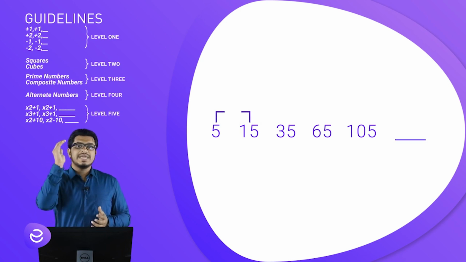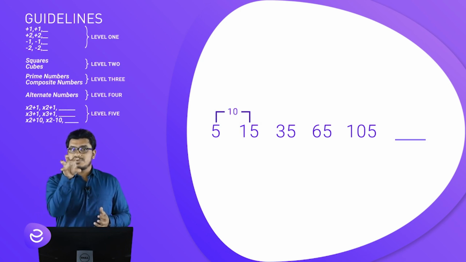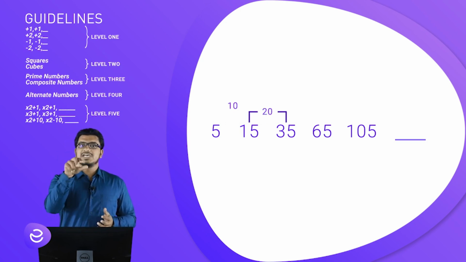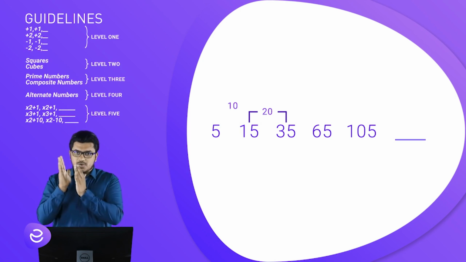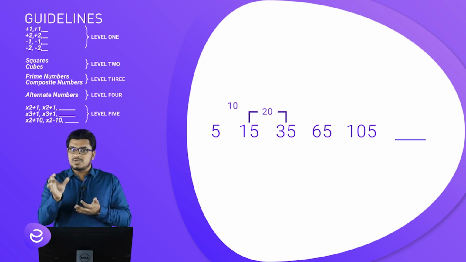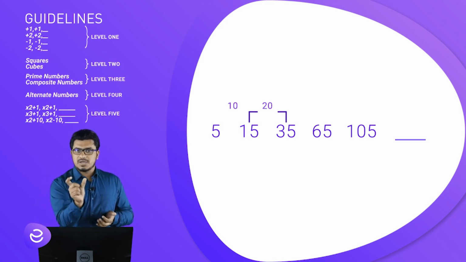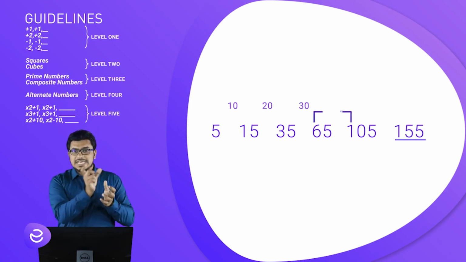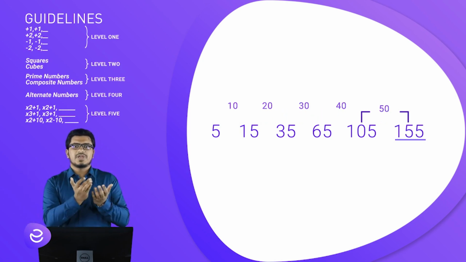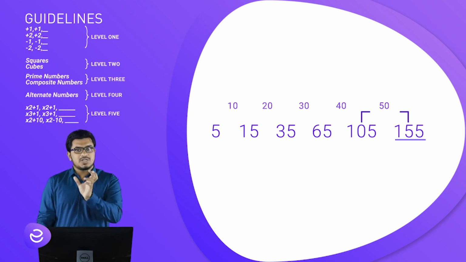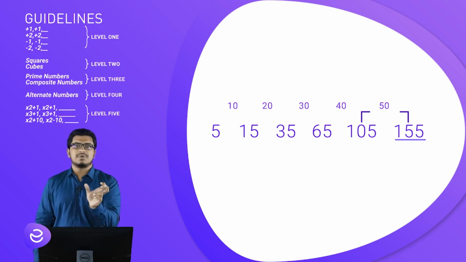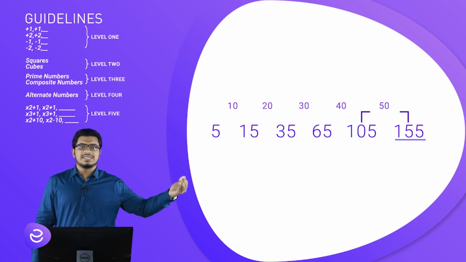The difference will be 10. Then you find the difference between the second and the third number, 15 and 35. The difference is 20. So you find the difference between the first two numbers, the next two numbers, and it goes on. You find the difference between the known numbers, and then in the end you will get the unknown number.